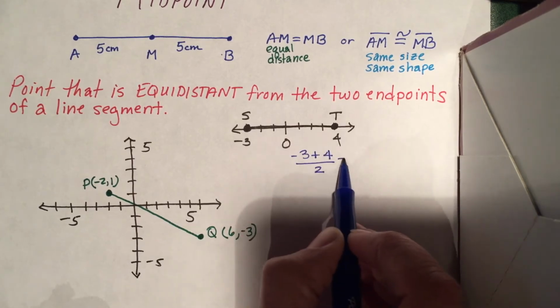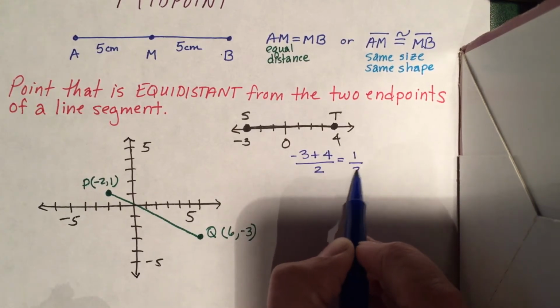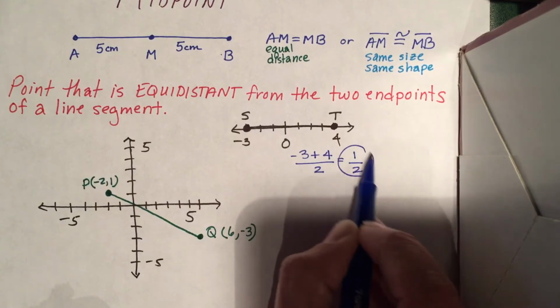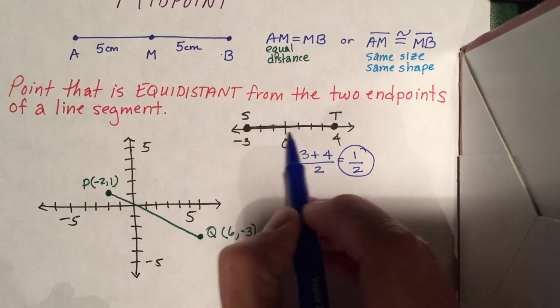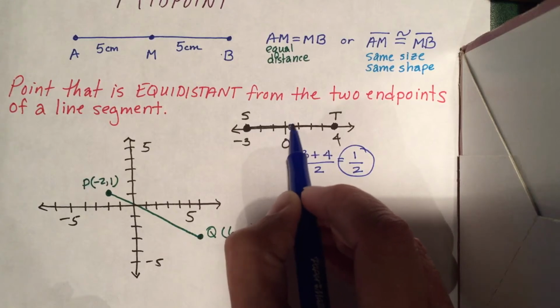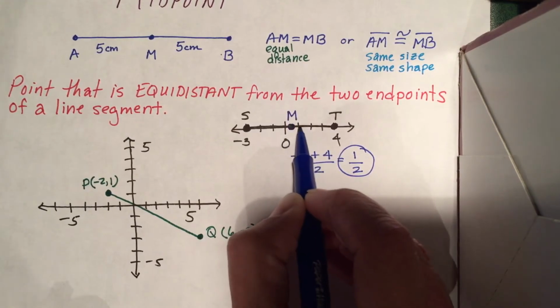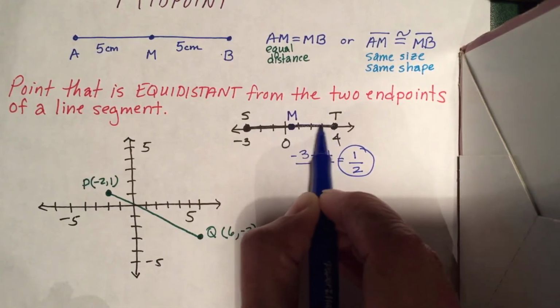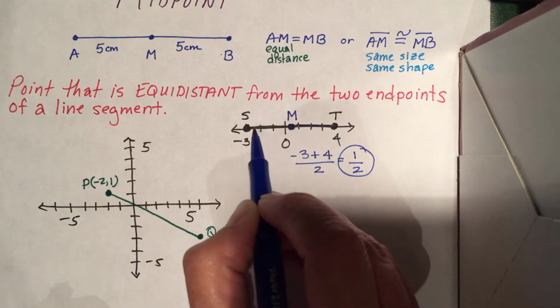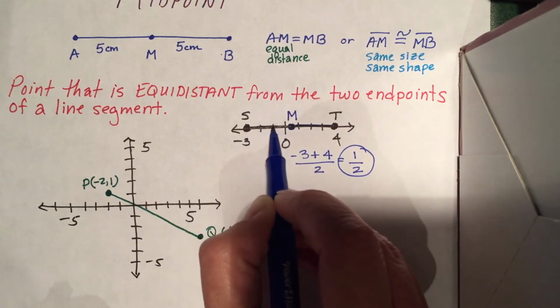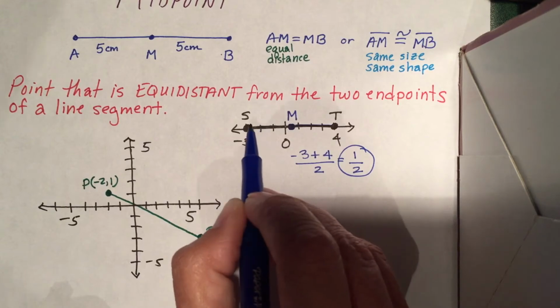So -3 plus 4 is 1, so that's 1/2. So your midpoint on the number line is 1/2, right there. And if you look at it, it is the same distance away. It's 3.5 away from 4, and it's 3.5 away from S.